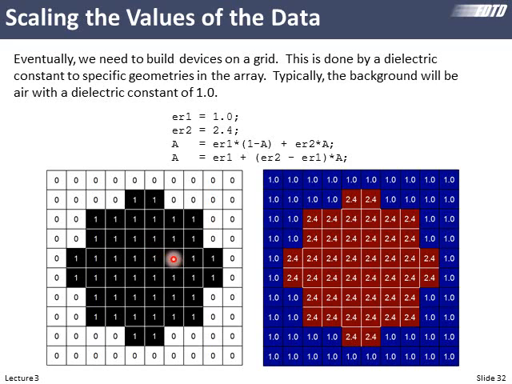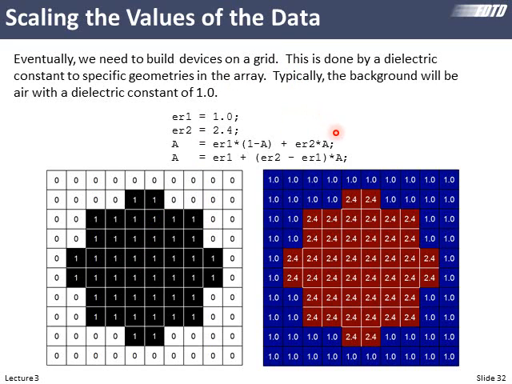Well, there's 2 ways we can do this. We don't need to do both of these lines. I'm just showing you 2 different ways that we can do it. We can say 1 minus A. That will essentially make these outer regions black, and the inner region white, or these outer regions 1s, and the inner region 0, and we can multiply that by ER1. So in other words, we will have a bunch of ER1s out here and zeros within the circle.